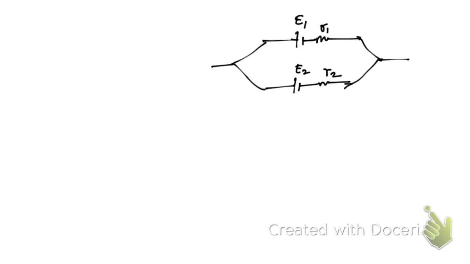The potential difference between these two points is V. Because they are connected in parallel, the terminal potential difference is the same for both. Suppose the current flowing through the circuit is I.